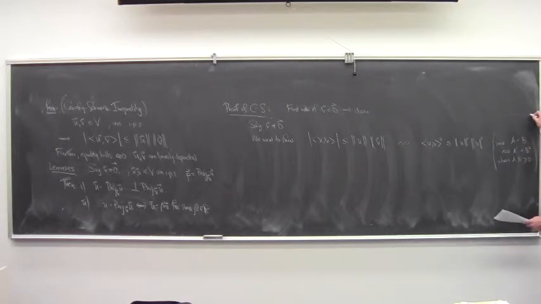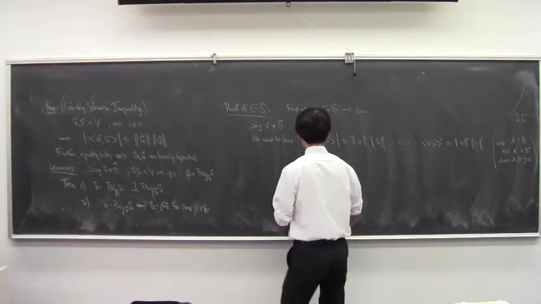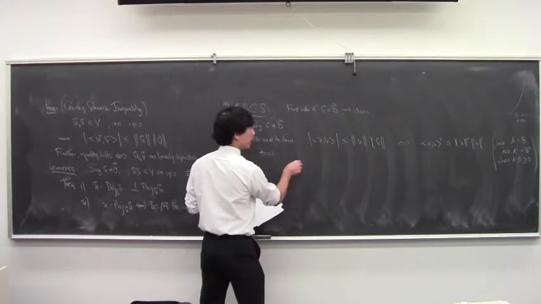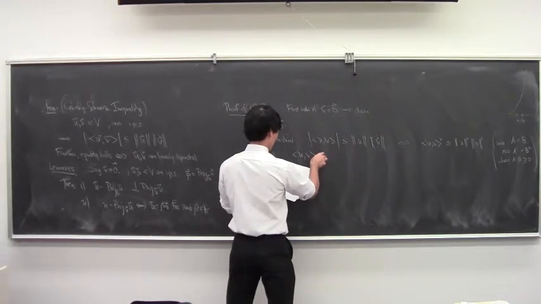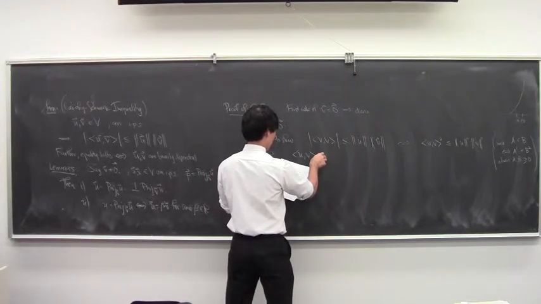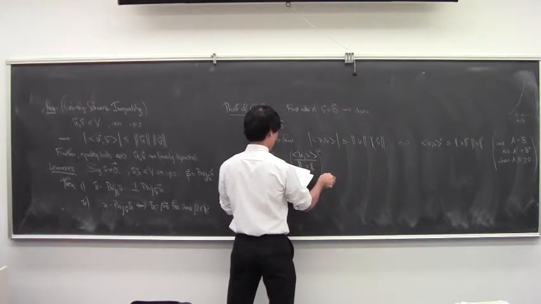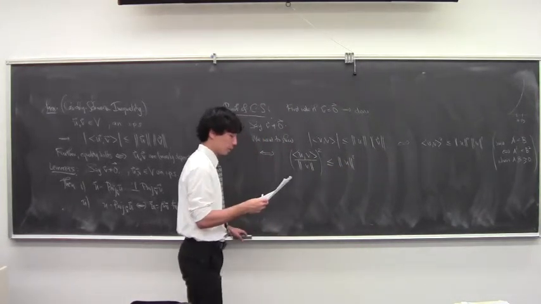If A is less than B, then certainly A squared is less than B squared, and if A squared is less than B squared, then A is less than B, as long as we're dealing with positive things. But that is equivalent to saying that UV over the magnitude of V, quantity squared, is less than the magnitude of U squared.